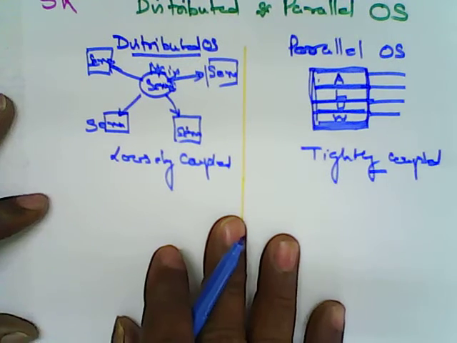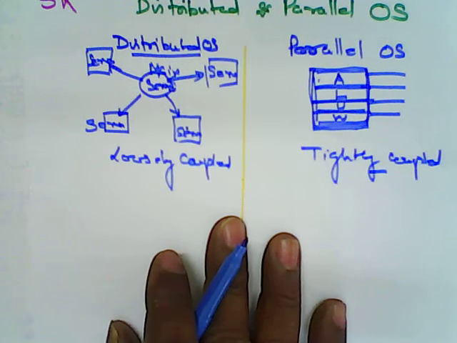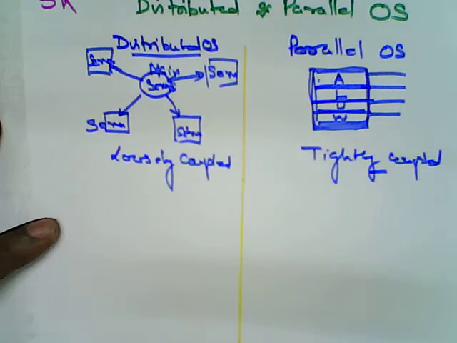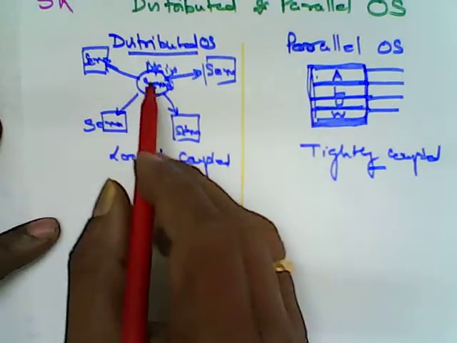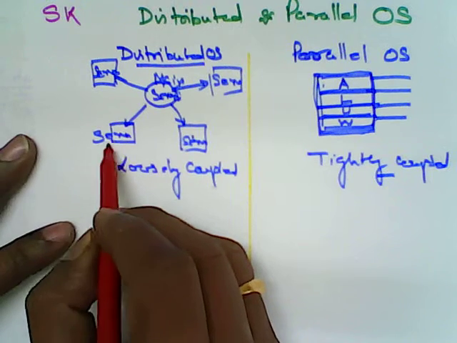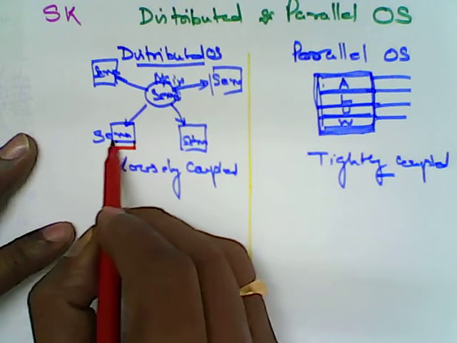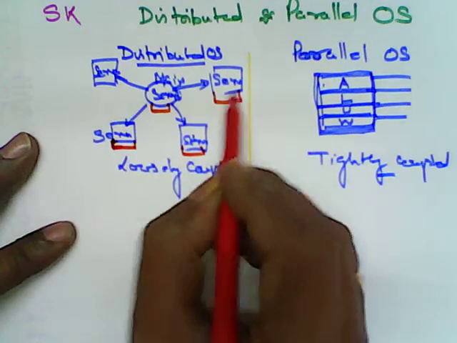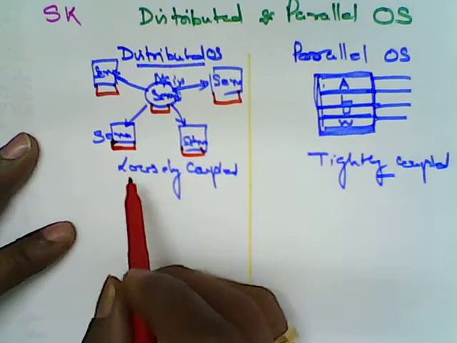Another point to see is that every server which is connected to the client server will have its own memory, because the server has its own primary and secondary memory.